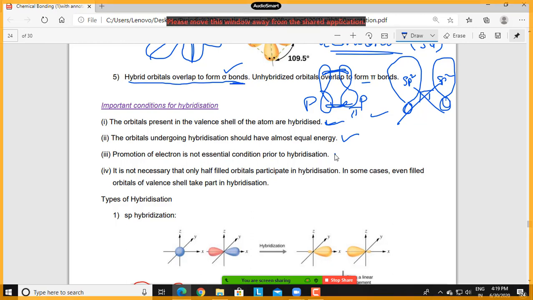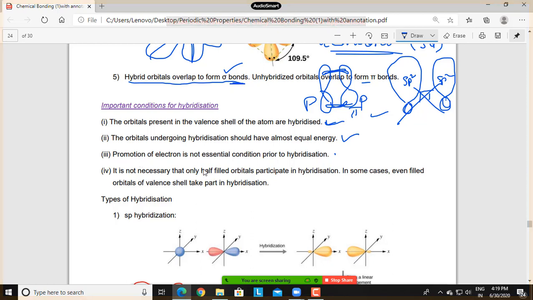Suppose in the ground state they are eligible to form a bond, they will form it in the ground state. If electrons are excited to higher energy cells, they also can form bonds. It depends upon requirement. So promotion of electron is not an essential condition prior to hybridization.